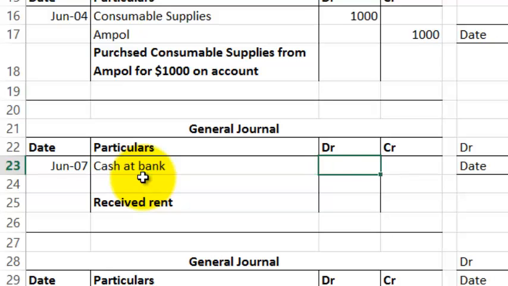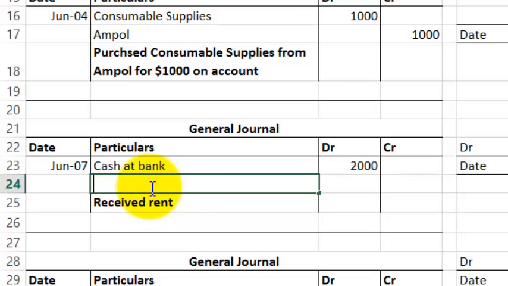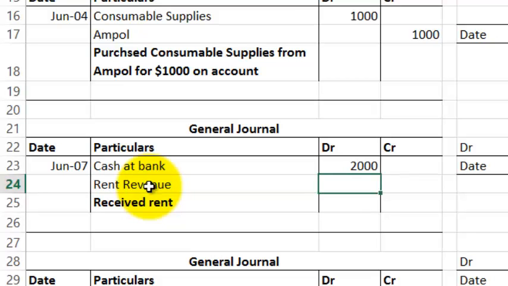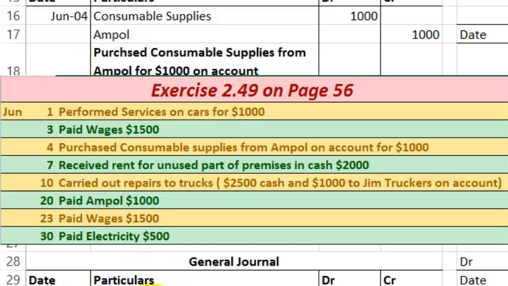It was for $2,000. The other account here is a revenue account, rent revenue, and since that's a revenue, it goes on the credit side. Okay, that's that one.